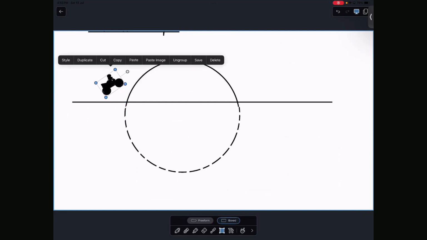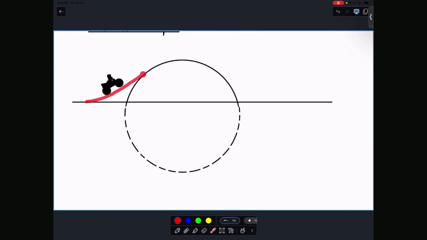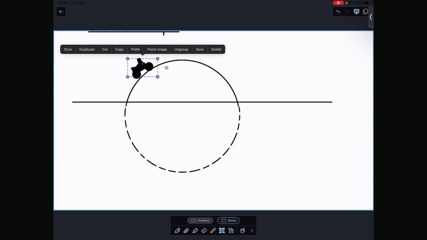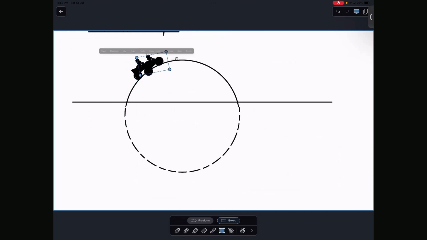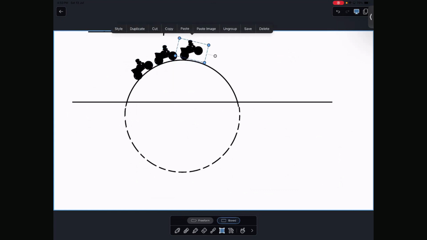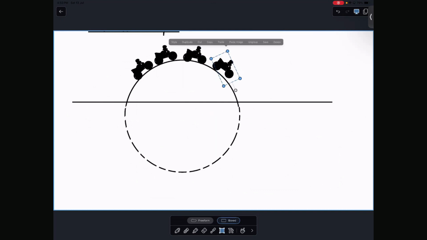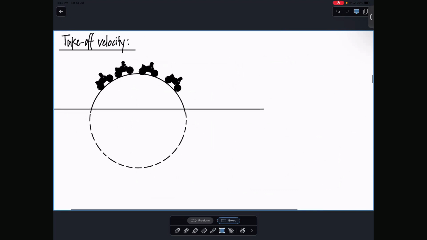Most ramps actually have a very smooth incline before it takes off, so you normally wouldn't find this part, but let's say you're at this part. As you go like this, generally speaking, you'll stick to the road, and then you'll go straight down. However, if you go at a certain speed, your bike will actually take off. And it turns out it's based on circular motion. So we need to figure out what is the speed at which a bike needs to travel so that it takes off. It's called a takeoff velocity.